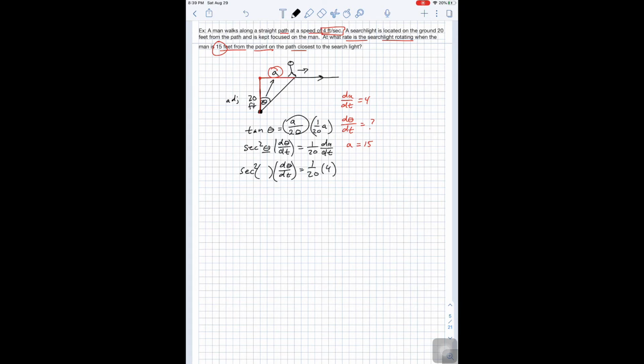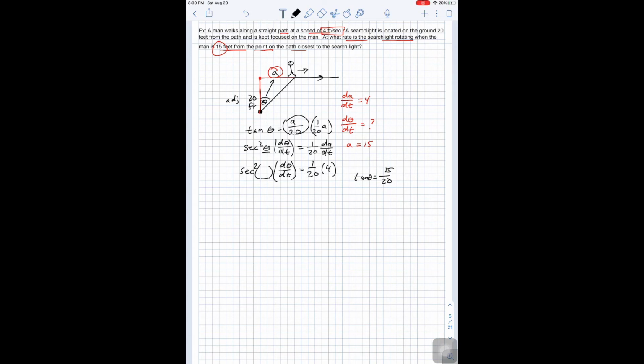So again, this is a situation where that step 2 comes in. You're going to have to make a substitution. So theta, well, I look up at the picture. Is there any way to figure out what theta is? Well, if A is 15, then I have this equation that relates theta to my exact position.